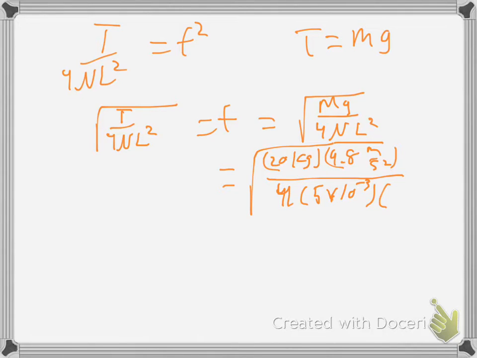And the length was just 1/2 meter. Alright, so the frequency comes out to almost exactly 198 hertz. My assumption is that if you used 10 for g instead of 9.8, it would have probably come out to be exactly 200 hertz. Right, so that is the frequency.